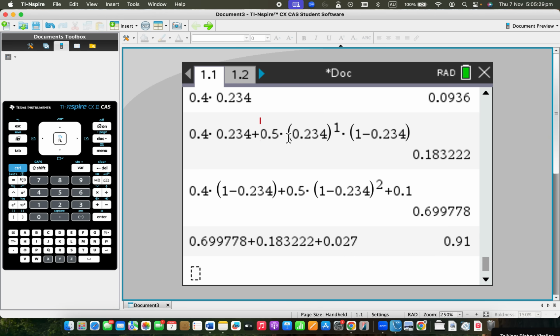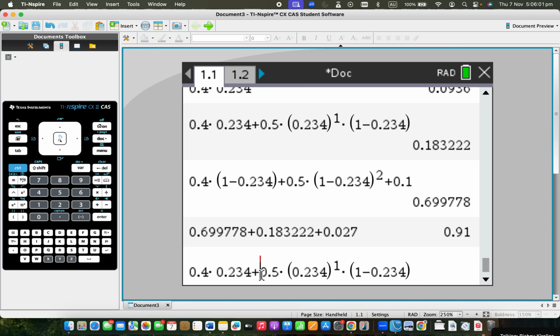Um, 0.5. Sorry. There's two ways that this one can happen, because either the first can be heavy or the second.